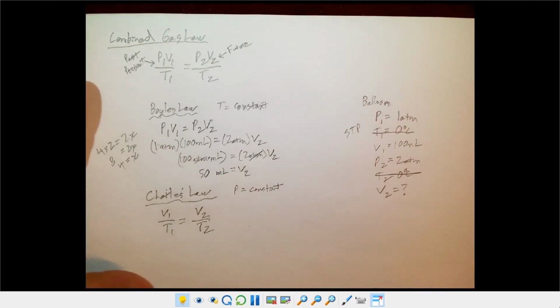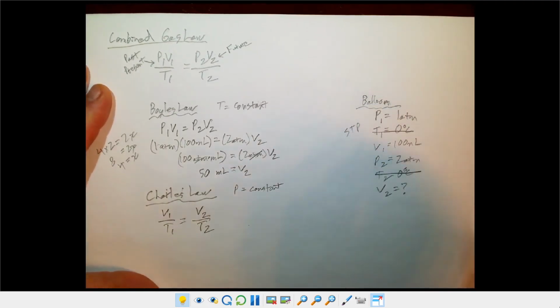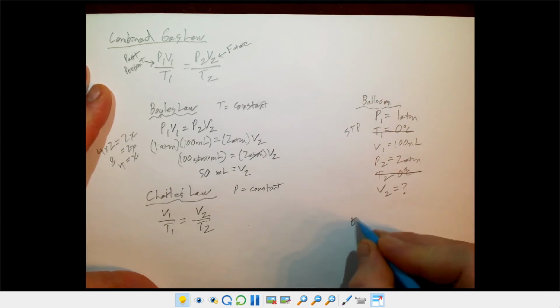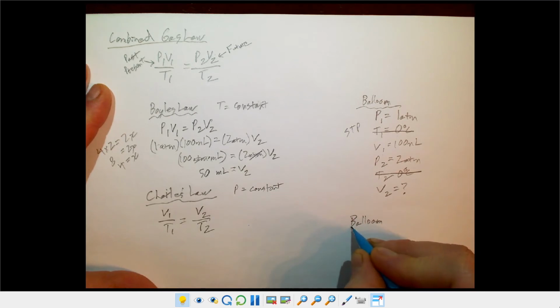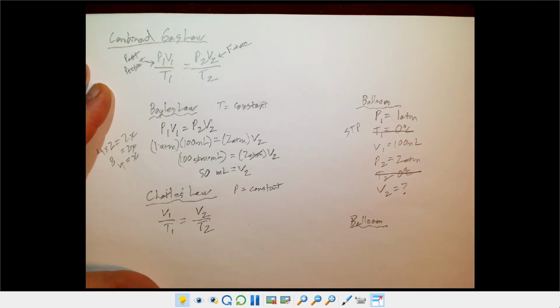So let's say that we have another situation with a balloon. And let's say that on that balloon, the volume that you start with is also 100 milliliters.